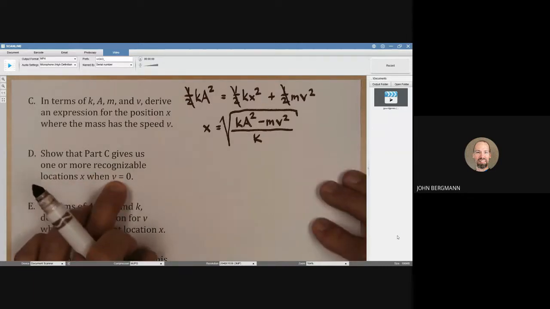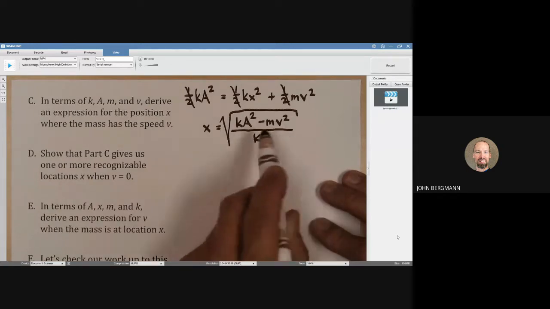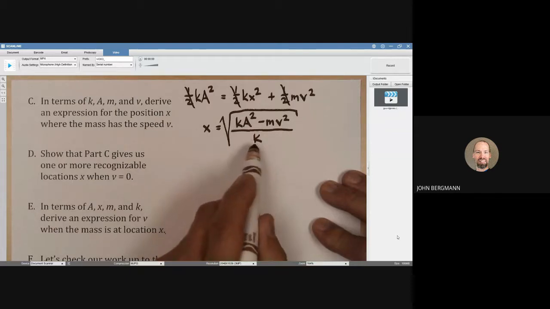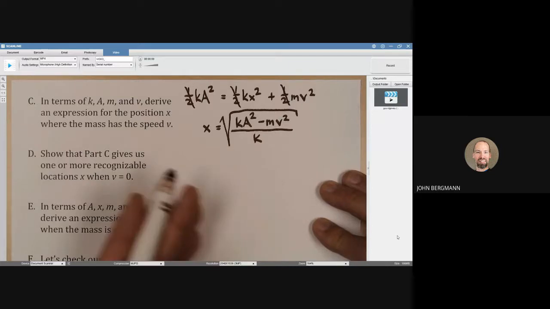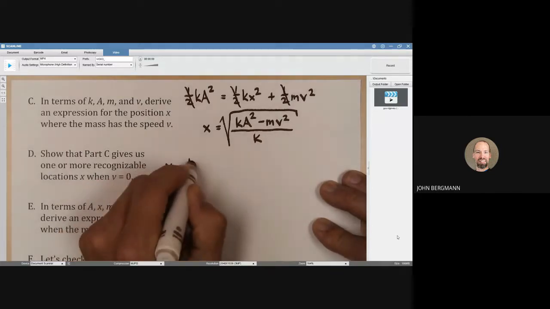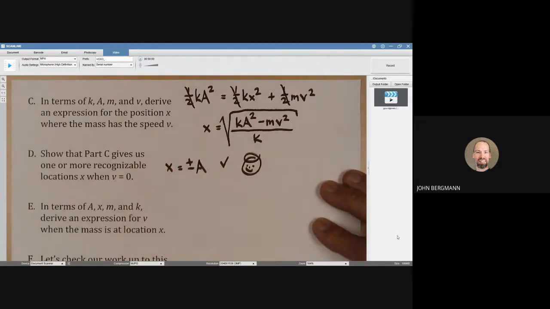V equals 0, that means I put a 0 there, and then what's left but k amplitude squared divided by k? Well, that means amplitude squared underneath the square root sign, and that would be x is equal to plus or minus A. Yay, looks good.